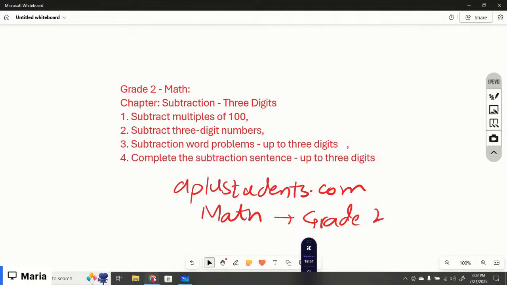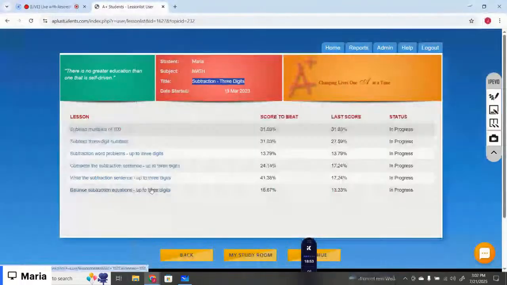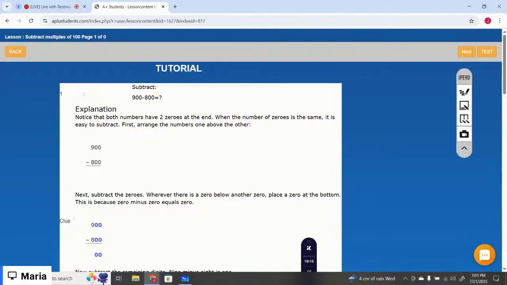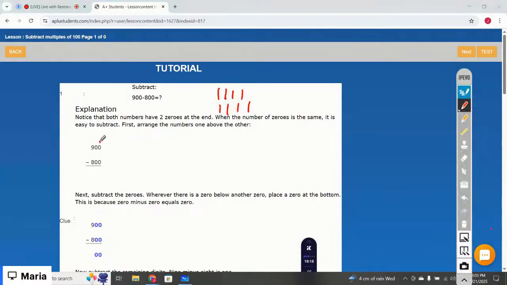Here I'm on grade 2 math. Chapter we're on right now is subtraction 3 digits. Let's just start with the first lesson, that is subtract multiples of 100. Subtract 900 minus 800. So start subtracting from one's digit.